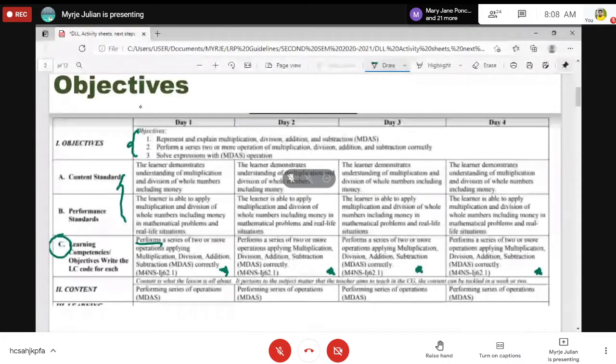And then, we have to perform or apply MDAS and then mag-solve na tayo ng problems involving MDAS. Now, napansin ko kasi dito, dalawa yung skill na nasa objective number 1 natin. You have to represent and then you have to explain.